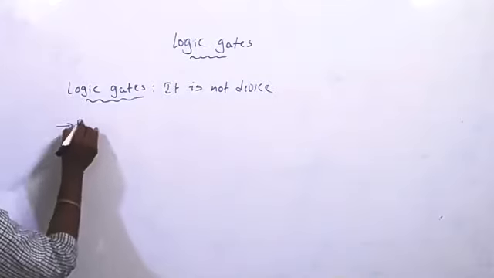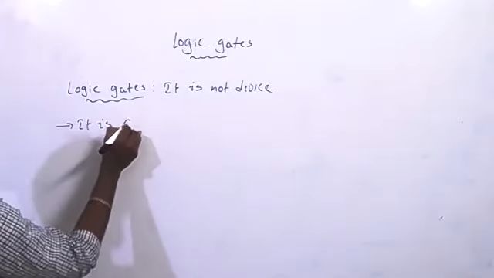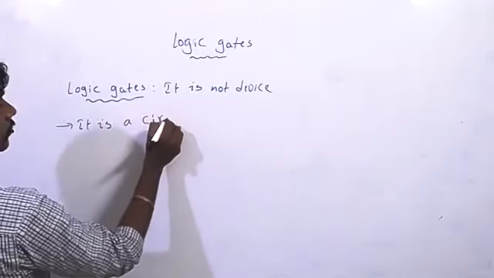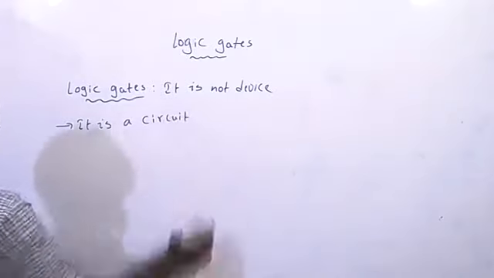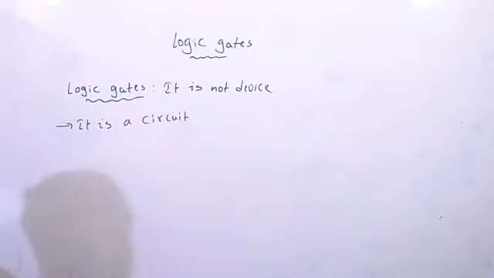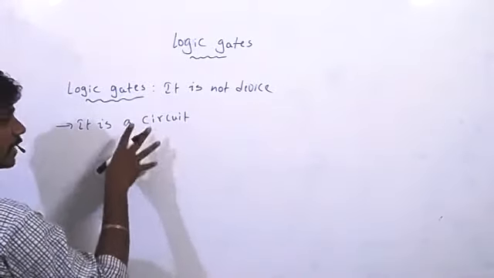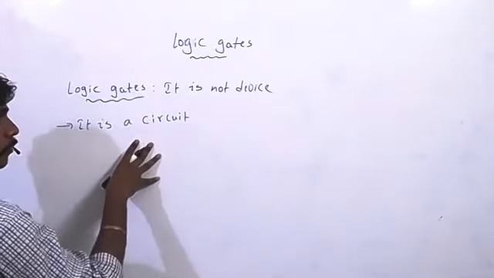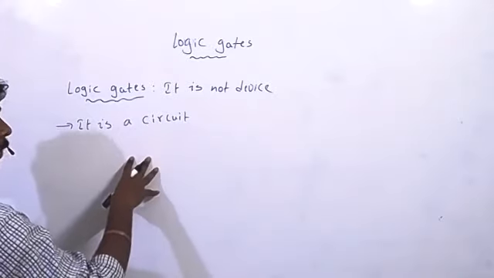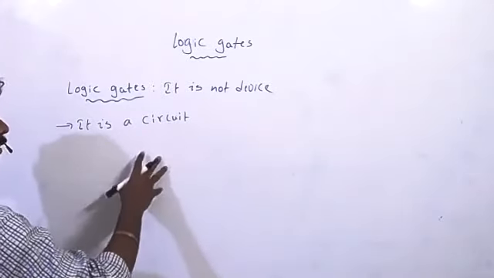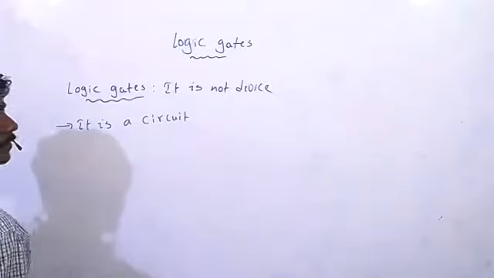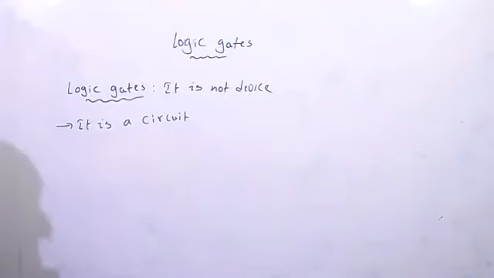It is a circuit, one of the circuits. When we design this circuit, two or more inputs will be there, and only one output will be there. If you give two or more inputs, the output will be only one.